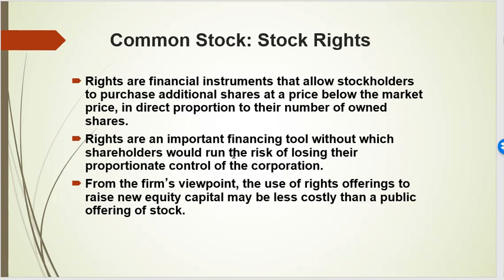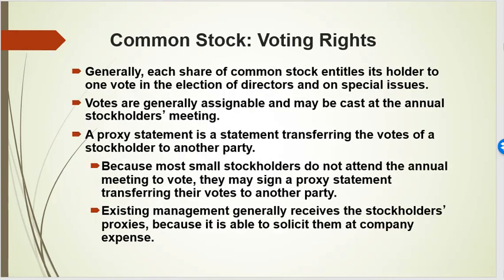So if you don't want to exercise this right, if you don't want to buy these new shares, you can sell these rights to someone else, and then they can buy those shares. So this is just a way for the company to issue stock, sometimes very quickly and at a very low cost to the investing public, because they don't have to go through the entire process of underwriting and using investment bankers, etc.